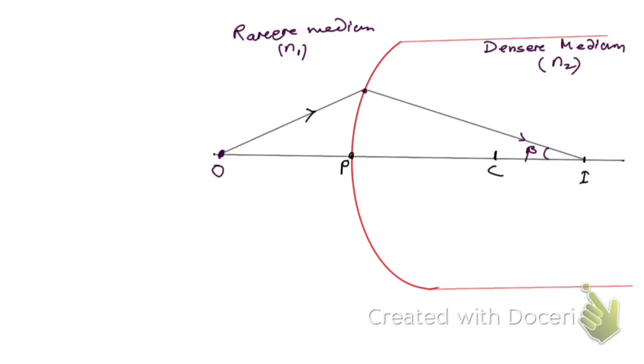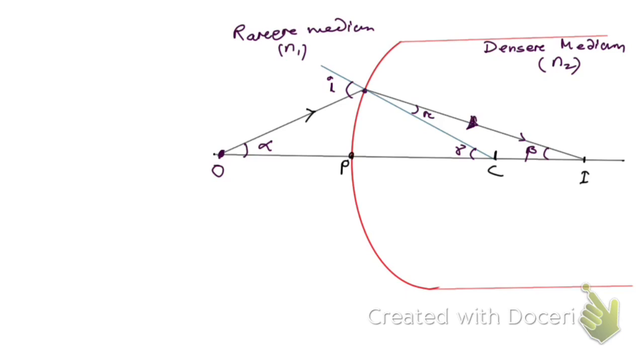This is the angle of incidence i, and this is the angle of refraction r. This angle is suppose gamma, and this angle is suppose alpha. Hope you have understood this.